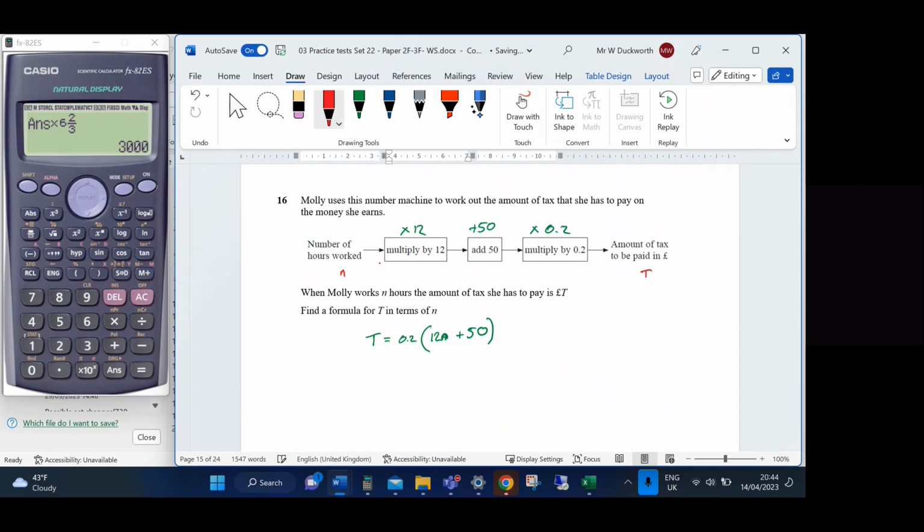So that step there would be 12n, then that step would be 12n plus 50. Multiply by 0.2, so I need to multiply 12n plus 50 by 0.2, and out we get T. So T is equal to 0.2 times 12n plus 50.